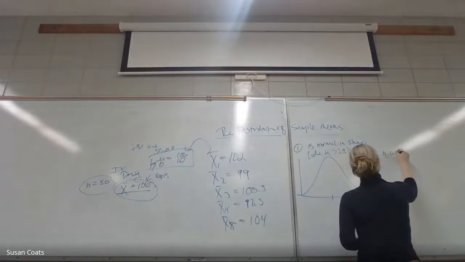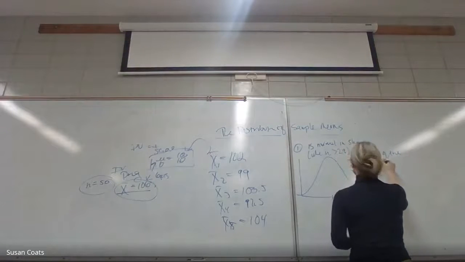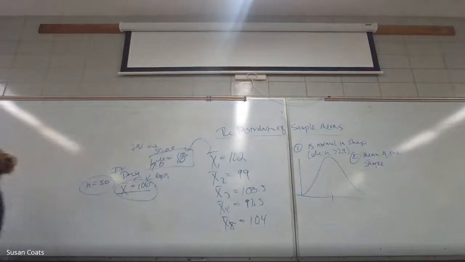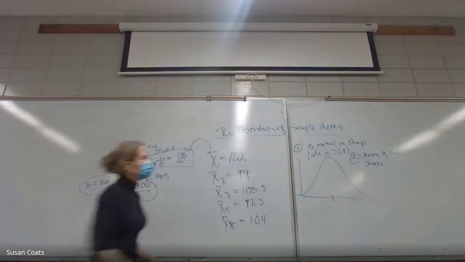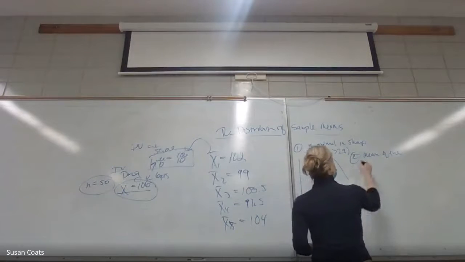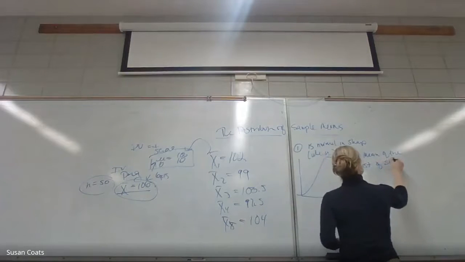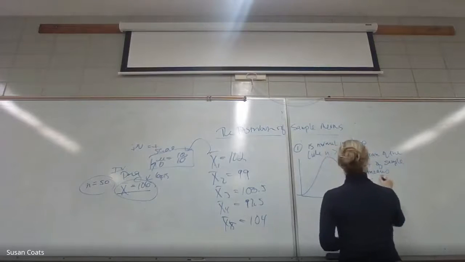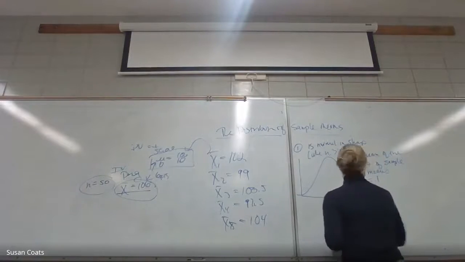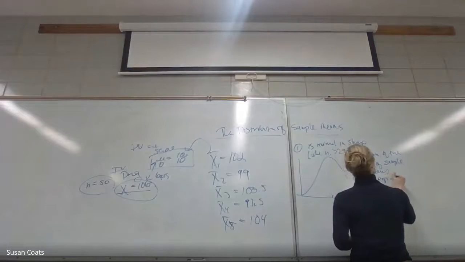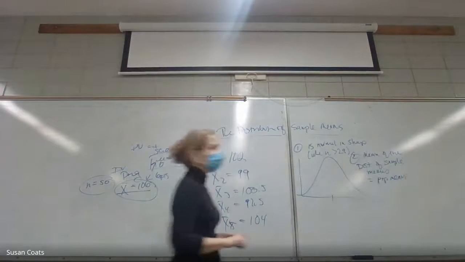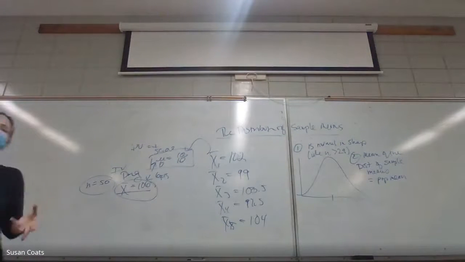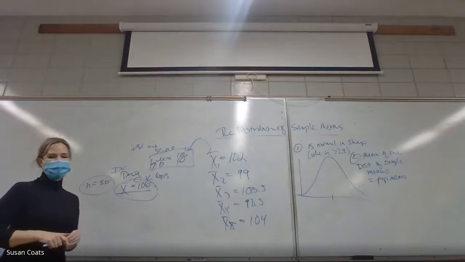The mean of the distribution of sample means is equal to the population mean. So this is the second really important quality of the distribution of sample means: we know what the mean of that distribution will be. It's equal to the population mean.